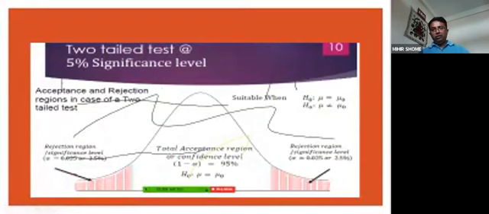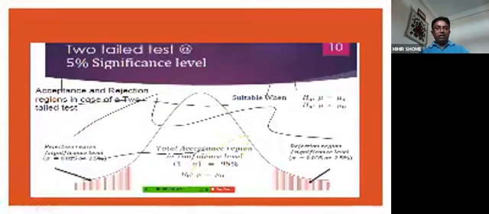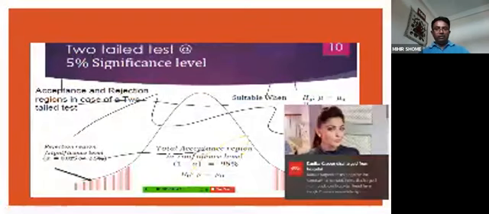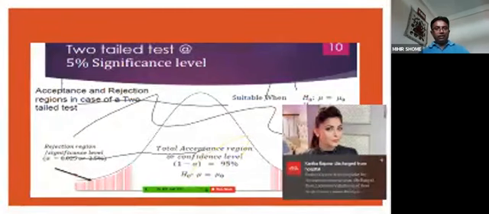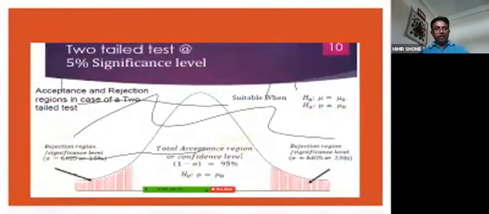If it is a two-tailed test at the 0.05 level, we can think that on the left side it should be 0.025, and on the right side it should also be 0.025, and 0.025 plus 0.025 becomes 0.05. Since it is a two-tailed test, it is shown on the normal distribution curve on both sides.